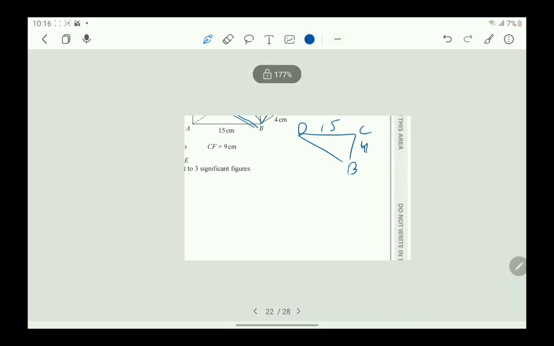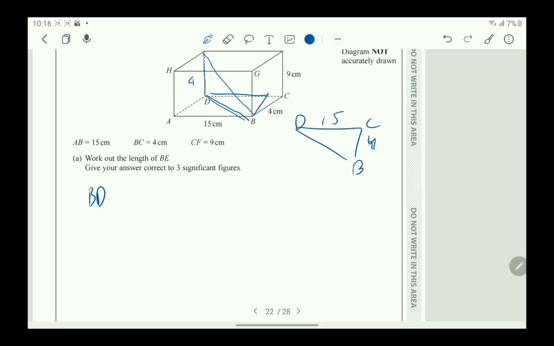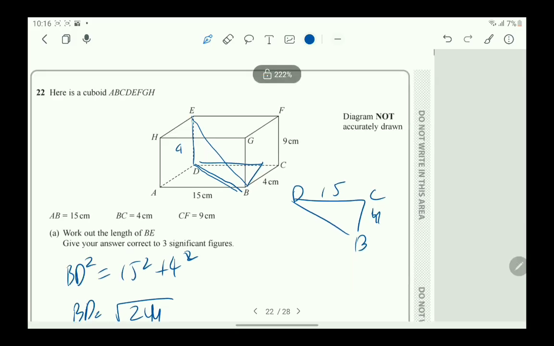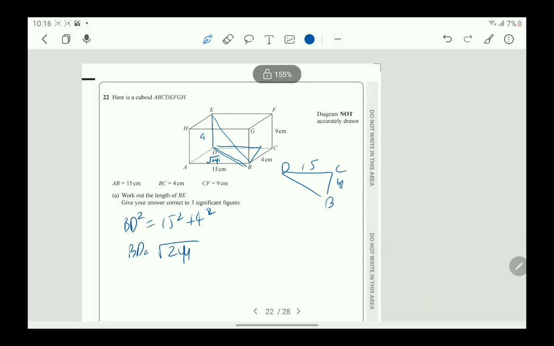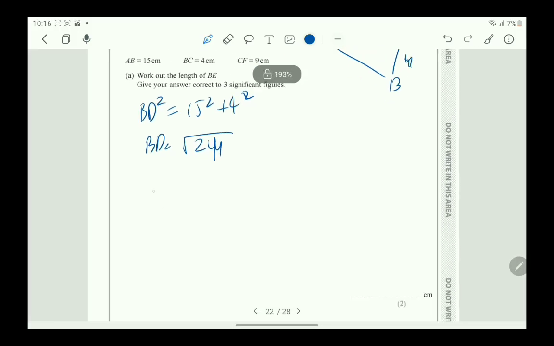So BD is the hypotenuse, BD equals root of 15 squared plus 4 squared. We get root 241. I will keep it at root 241 for accuracy for now. And now we have our final triangle.